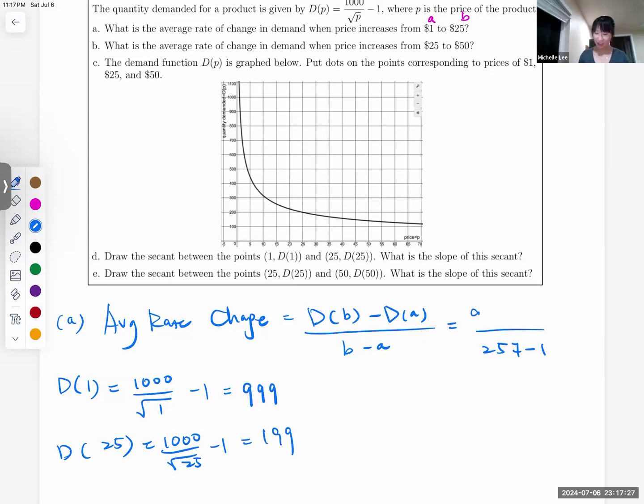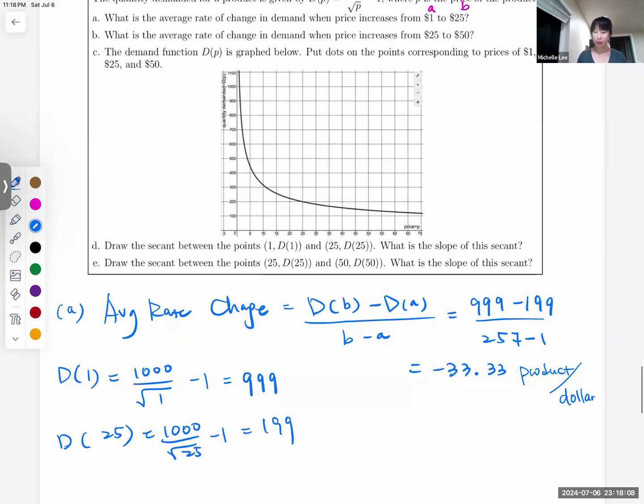Okay, so 199 minus 999. So there will be negative 33.33 items of product per dollar. How about that?